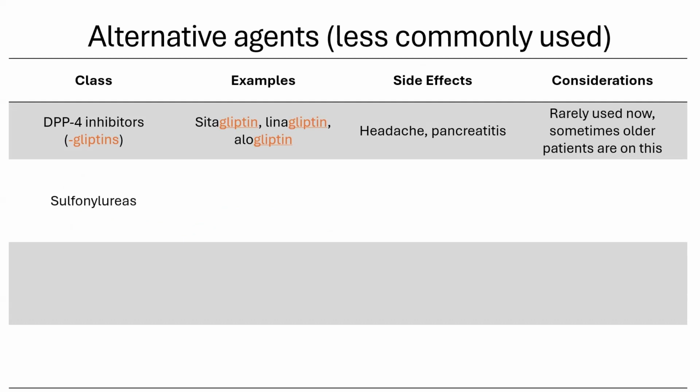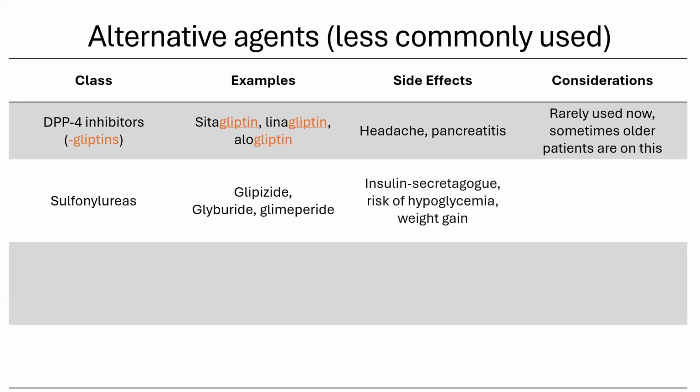Another option is sulfonylureas. These would include glipizide, glyburide, and glimepiride. And because these are insulin secretagogue medications, they put you at risk of hypoglycemia and may cause you to gain weight. Now, these are cheap and prandial options that you give in replacement of insulin. So these are often an oral alternative to insulin that is not quite as effective.